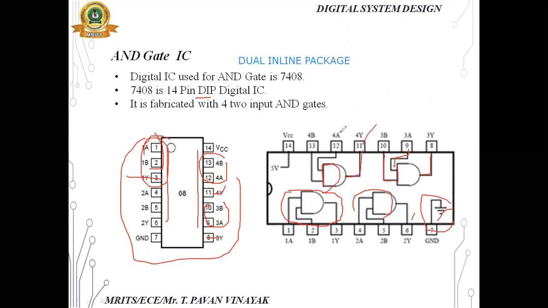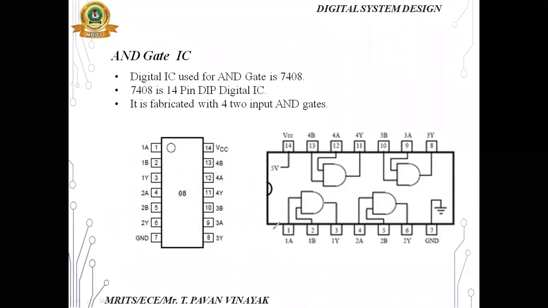The 14th pin is the power supply. So in a single IC, it consists of 4 AND gates, each a 2 input AND gate.